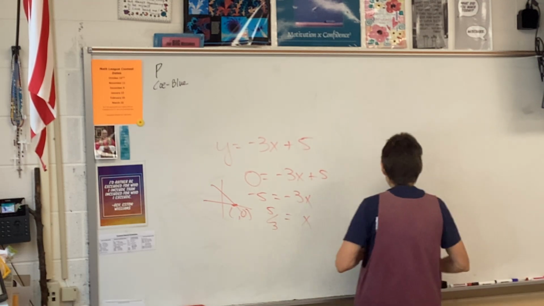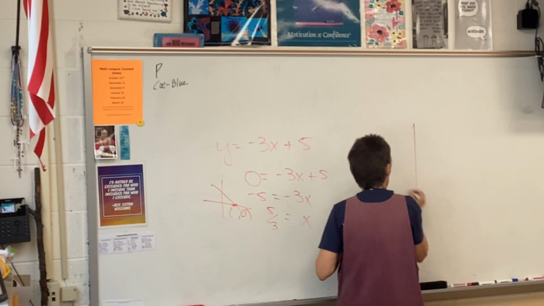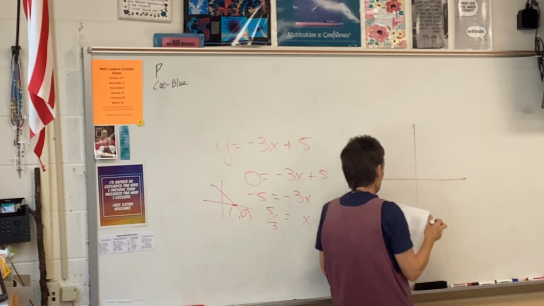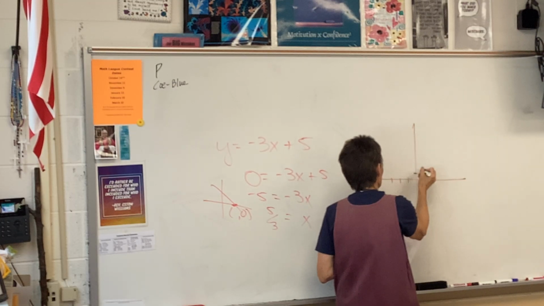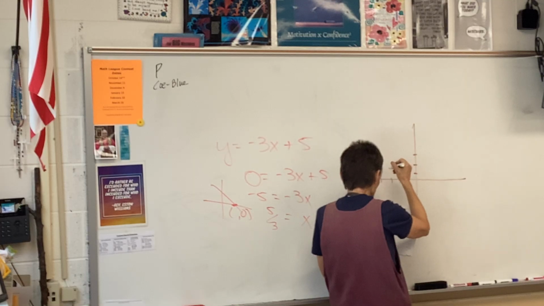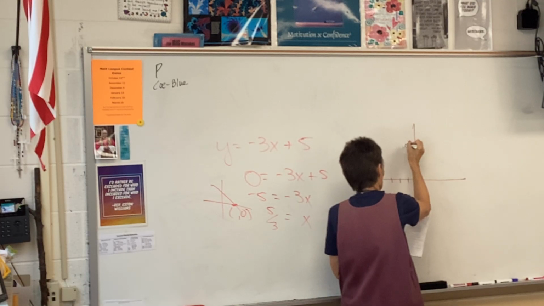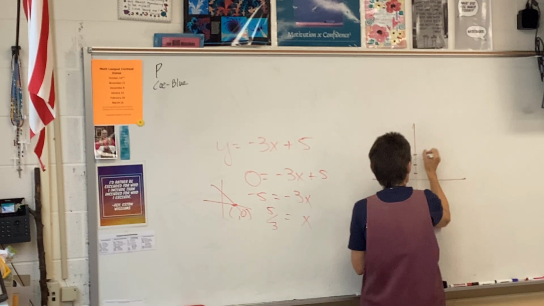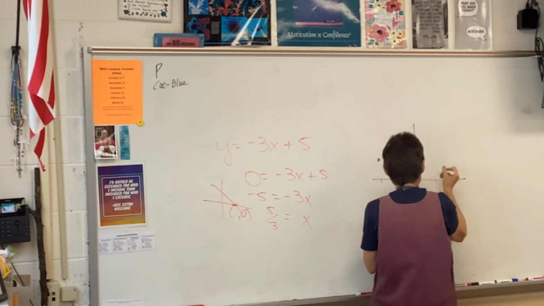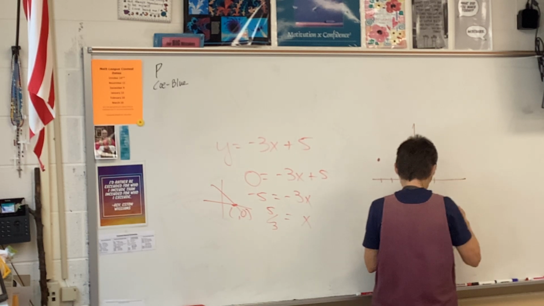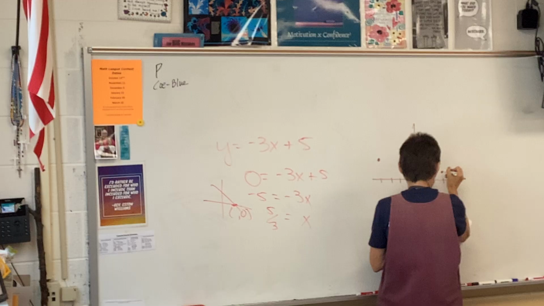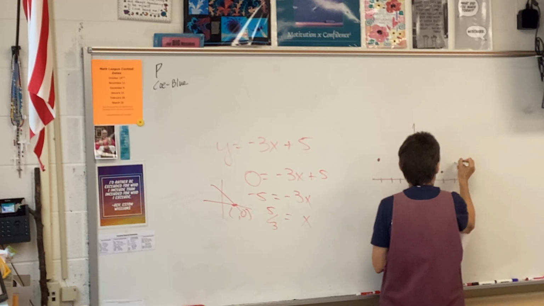So problem number 2, you're given a table of values, and I'm not going to plot them all, but for negative 4, 3, negative 1, 4, 0, 4, okay, and I will plot them all, 2, negative 2, 3, 1, and 2.